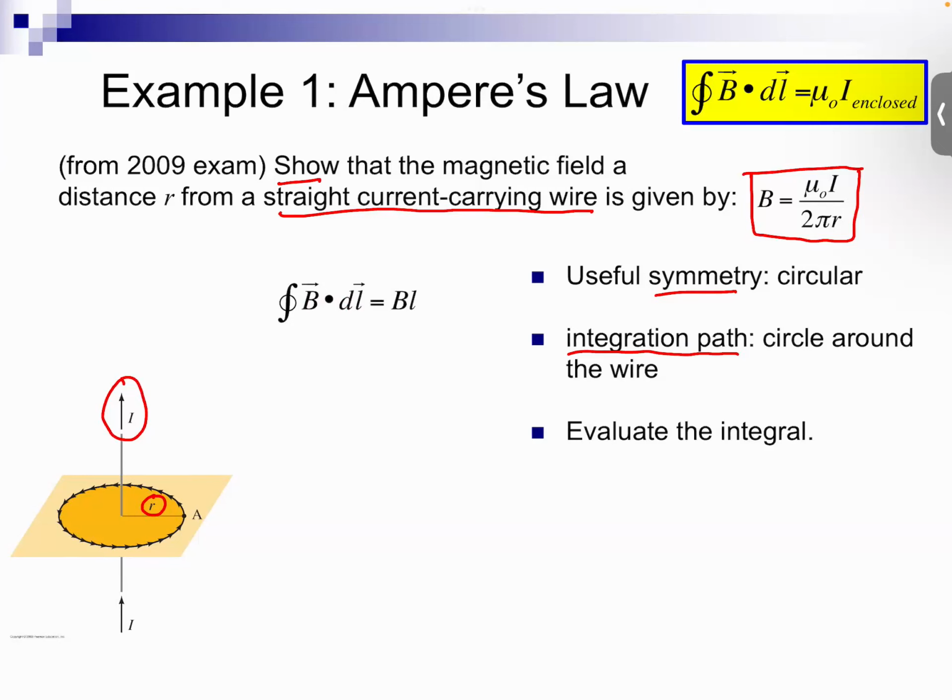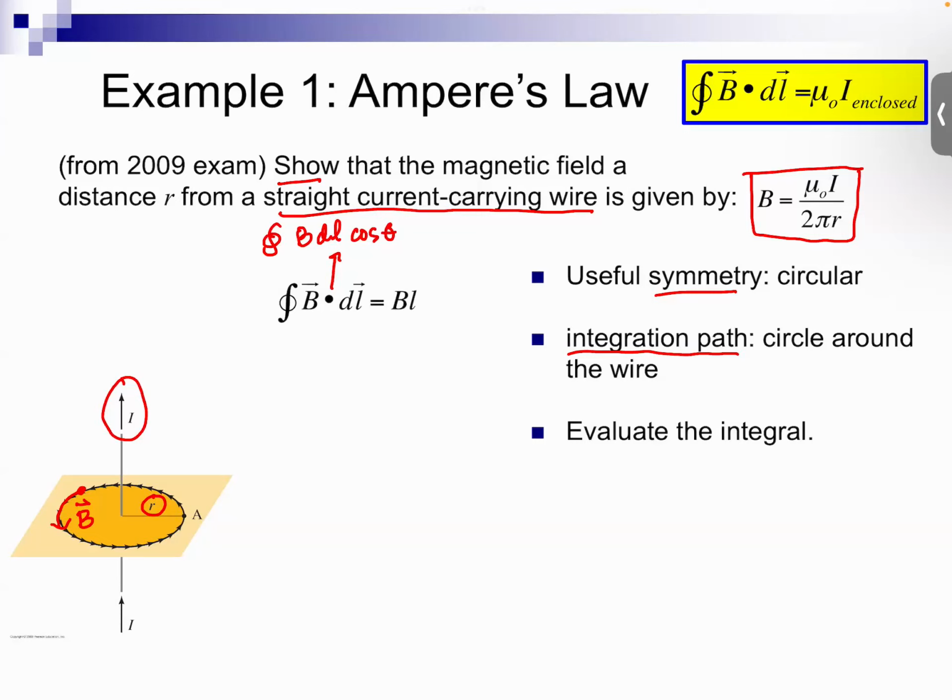So we know that the magnetic field will form circles around the wire. And notice how the magnetic field at each point will be parallel to the circular path that we've chosen. Because this is a dot product, it becomes B dl cosine theta.